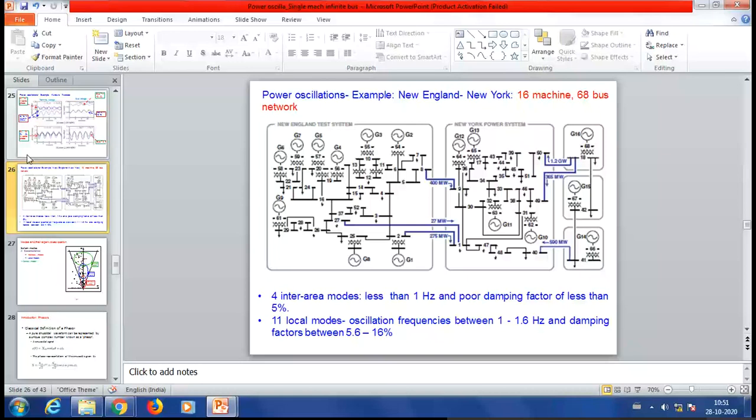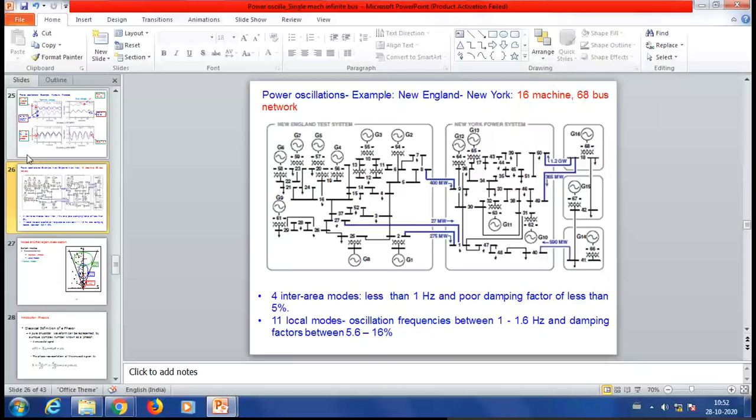And that is why it is very important, because the maximum loading that you can have on the line corresponds to the thermal capability actually. It is not even a steady state stability limit.